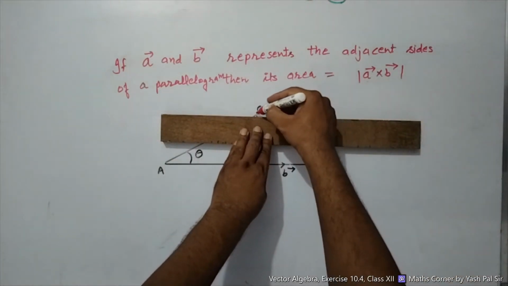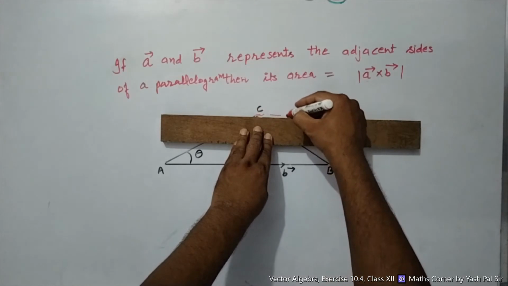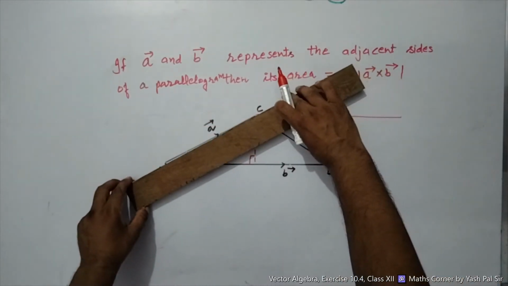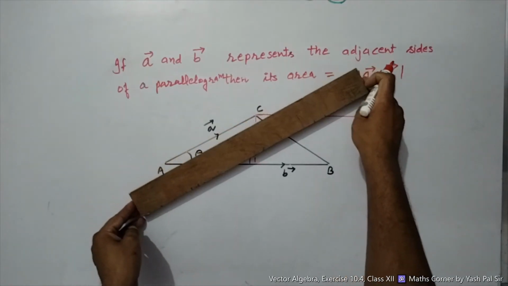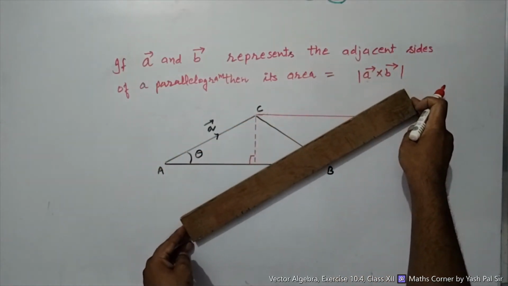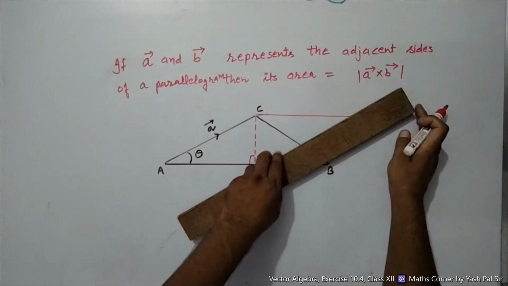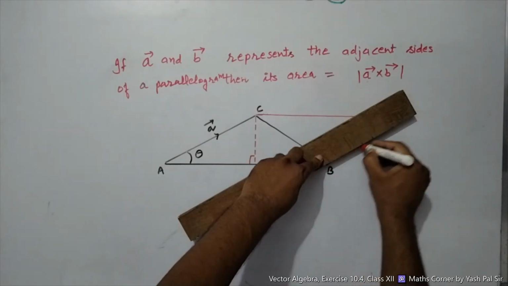Parallel to AB we have this side, parallel to AC we draw this way. So two similar triangles are there.